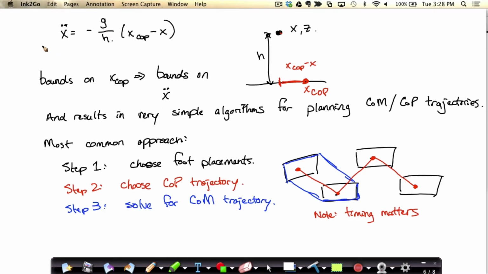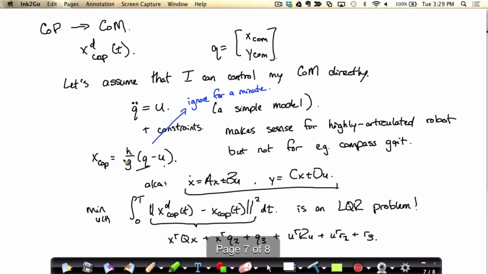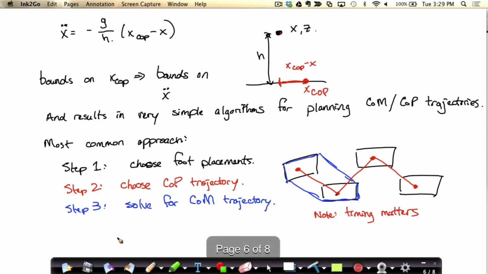Okay, so H over G equals center of pressure and then plus U. But I think it should be plus U. Yes, good. So it's this, yes? Well, I get a minus. So the minus is that of H over G. Good.